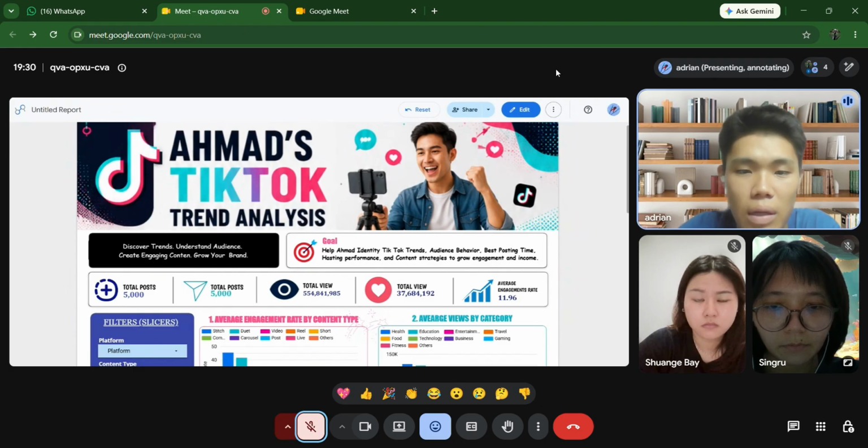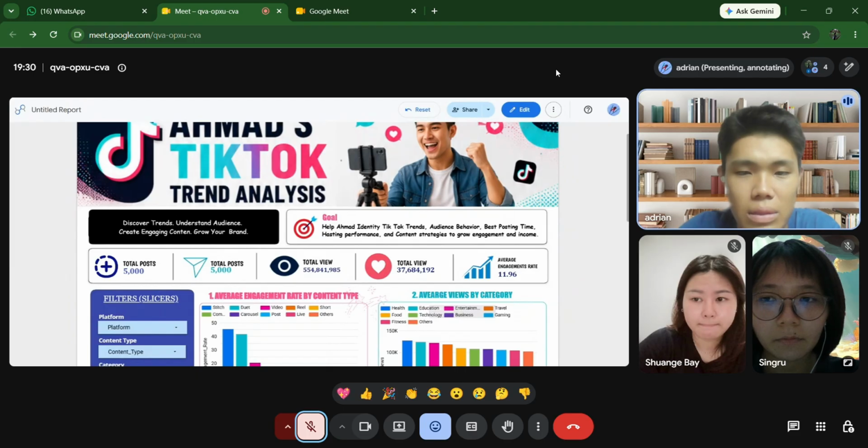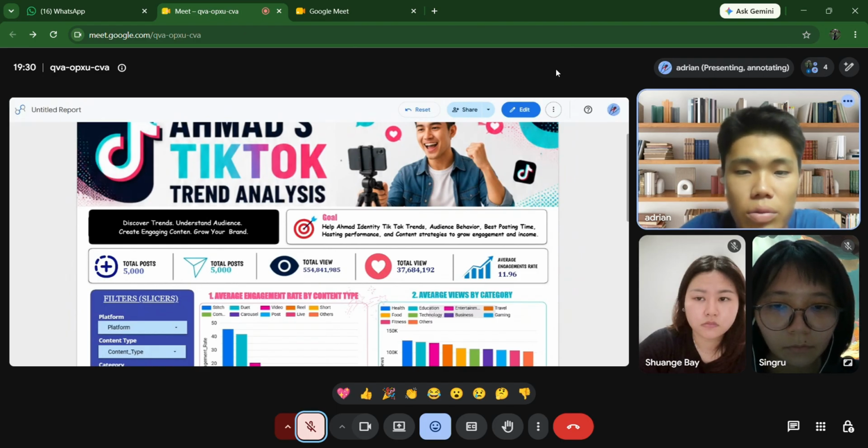At the top of the dashboard, we show the main summary values, which include the total posts, total views, total likes, and engagement rate. These key metrics are important because they give the user a quick overview of the overall TikTok performance.